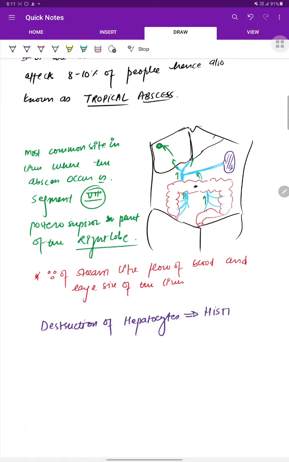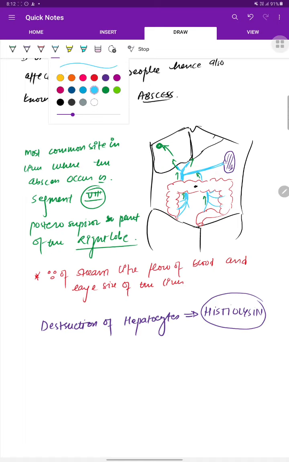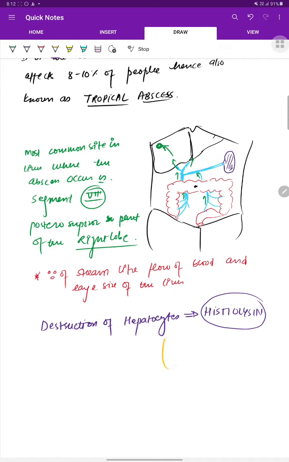Trophozoites release histolysin. So if this is my trophozoite, a bad looking guy, what is it going to release? Histolysin, and it destroys the histiocytes.